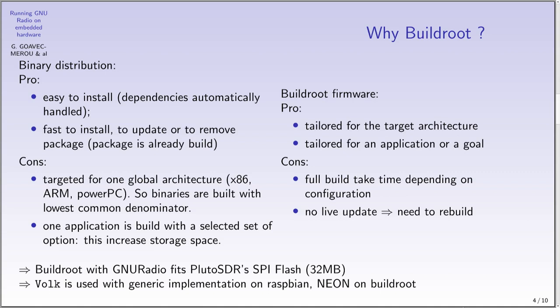The second aspect, it's tailored for an application or goal. You need an embedded board for a specific task. You select every package required, not the rest, and you have something really optimized for this task.